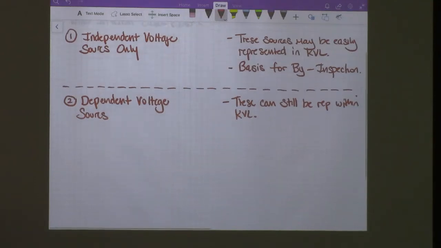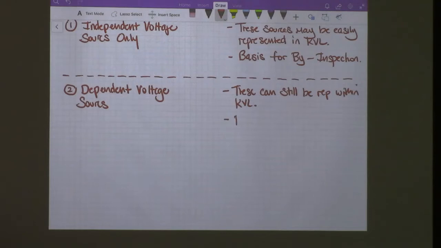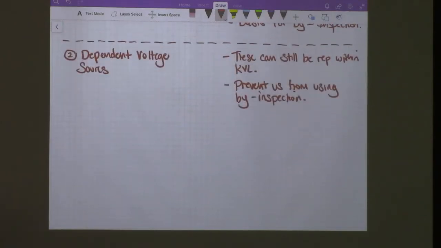This is going to prevent us from using by-inspection. So we're going to have to rely on the equations themselves. Again, the exact same thing we saw when we went from independent current sources to dependent current sources for nodal analysis.